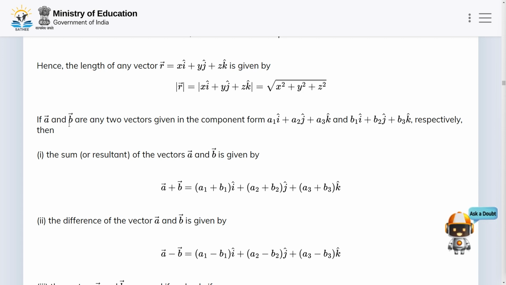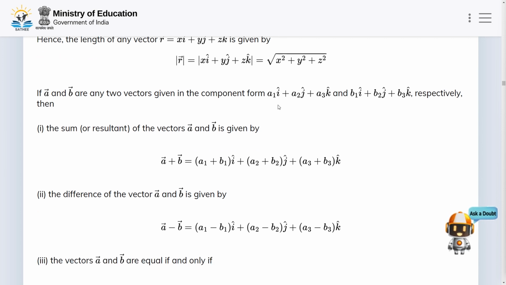So if you have two vectors a and b in component form, a1 i hat plus a2 j hat plus a3 k hat and b1 i hat plus b2 j hat plus b3 k hat respectively, then their sum will be a1 plus b1 i hat, a2 plus b2 j hat, a3 plus b3 k hat.